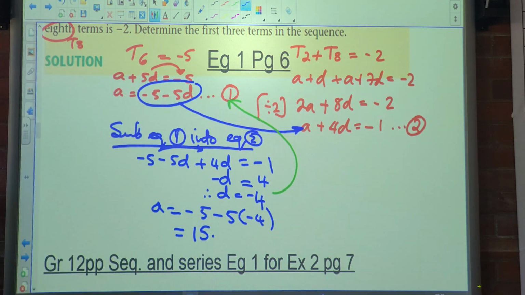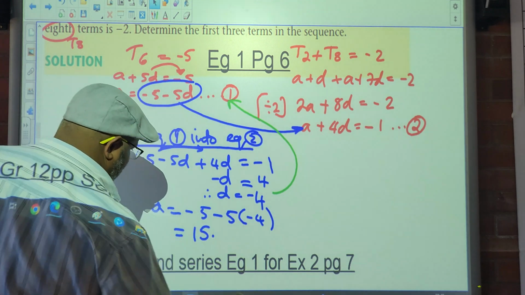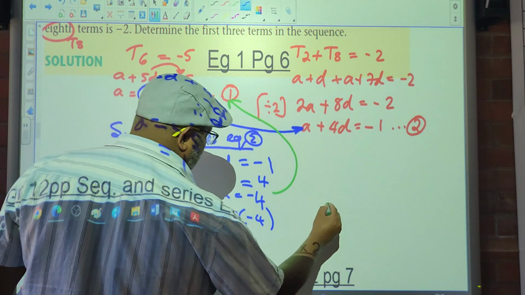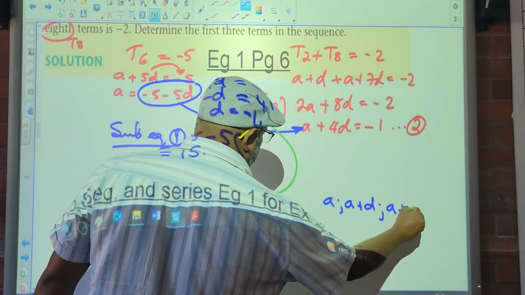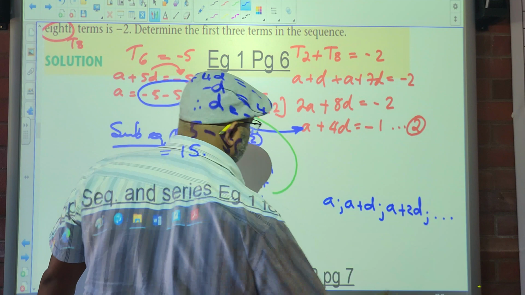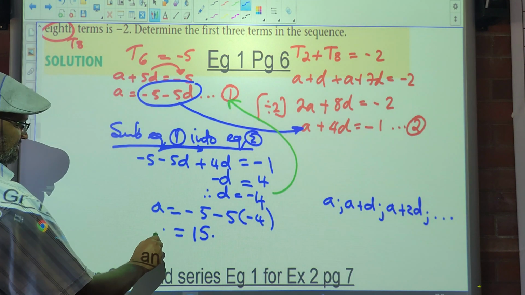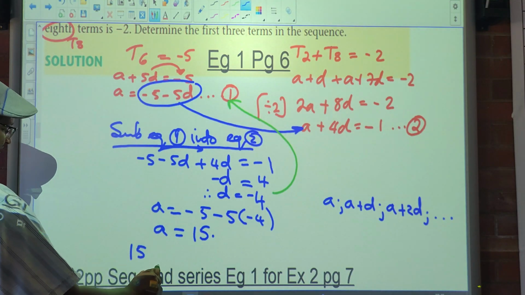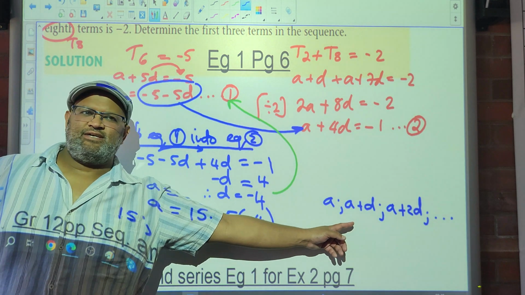Have I answered the question? What was the question? The first 3 terms. And we discussed already how we do that. Remember, the first 3 terms are a, a plus d, a plus 2d. So what's your a value? 15. The first term is 15. So what's your d value in this case?